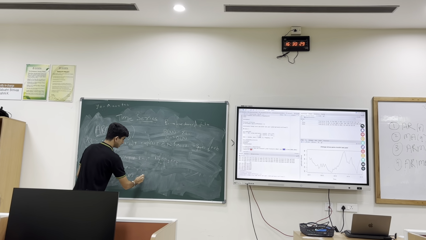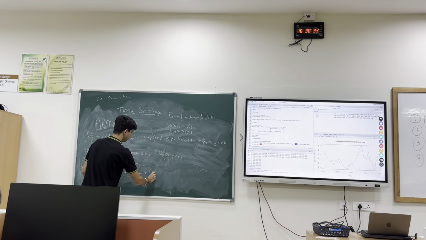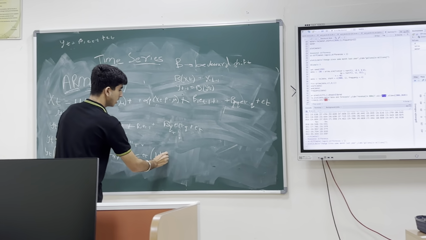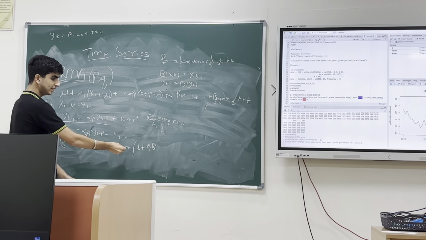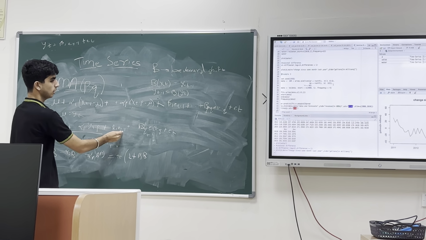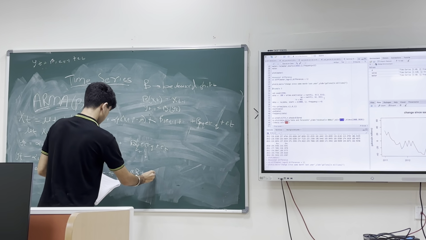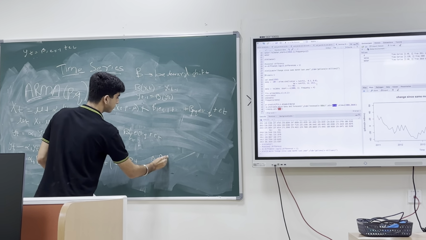This becomes 1 plus beta 1 times B. This B will be multiplied with et to give you et minus 1, so you are getting the same term. And you add this up to beta q times B raised to q.